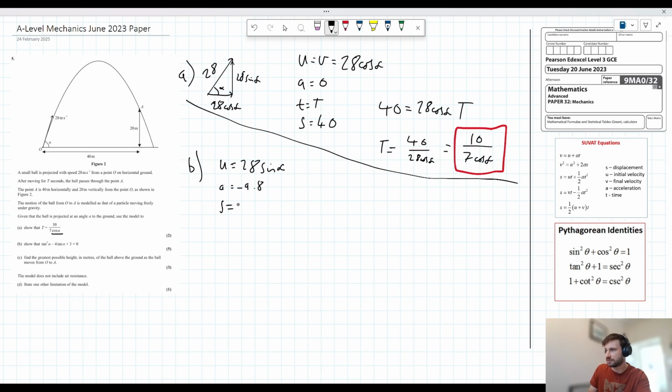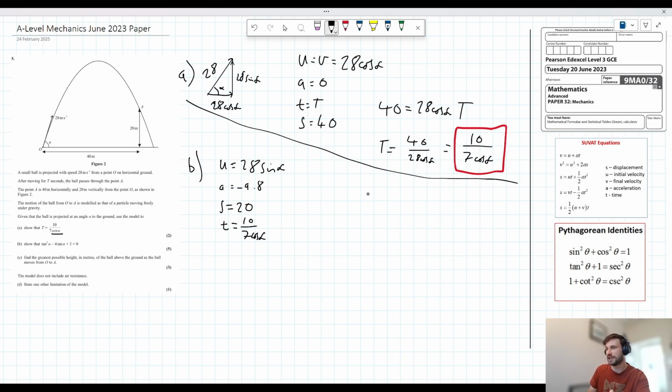We know its displacement is equal to 20, and the time taken, we don't know that, well, the time taken was determined earlier, really, wasn't it? It was 10 over 7 cos alpha, so we can say t is equal to 10 over 7 cos alpha. Cool.